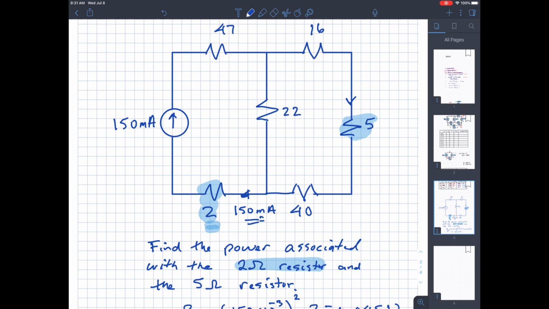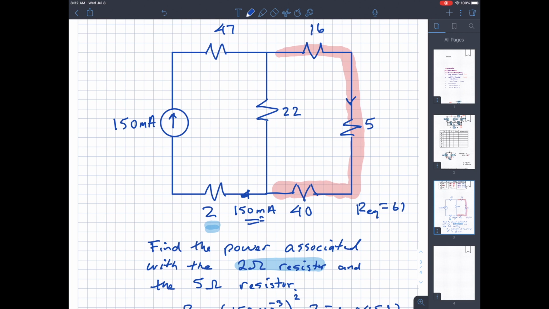Okay, so next, let's talk about a strategy to get the 5 ohm resistor power value. You can think your way through this, and what I'm hoping is that you've gotten to the point of being able to look at equivalent resistance and come up with equivalent circuits. My eye is drawn to this particular branch. If I had this branch current, I'd be good, right? I know that all these are in series, and so the equivalent resistance for this branch is 61 ohms.